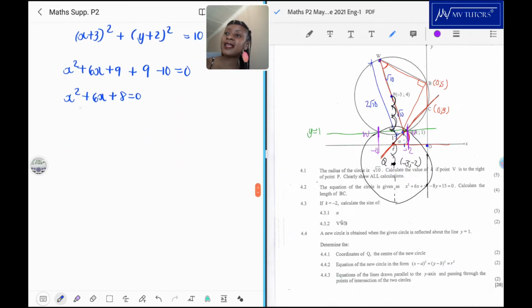Okay, and then I can then factorize. So I have x and I have 2 and 4. It's actually the same.